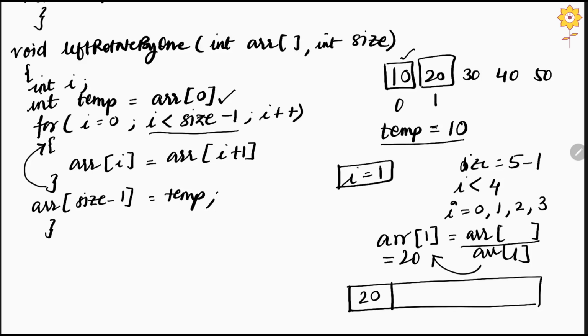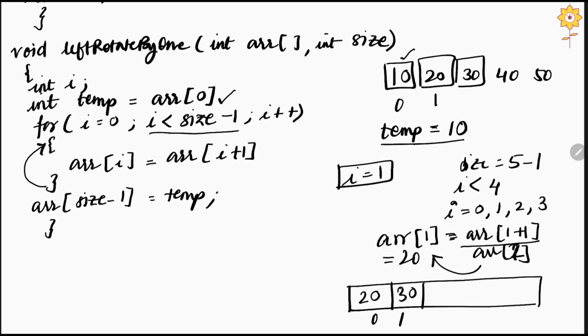Array of 1. Whatever is in first position should come in I, which is 1 plus 1. So whatever is in the second position, where should it go? It should go in the first position. So what is it? It is 30. So 30 will come where? In the first position, which is here, correct?